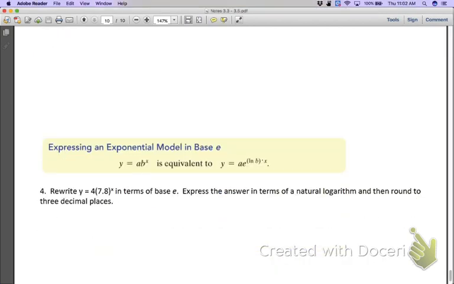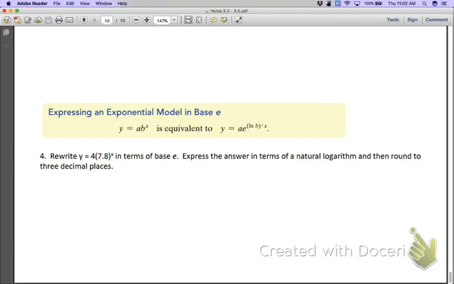Last thing then is expressing an exponential model as base e. Basically, if I have A times a number to the x power, just like what we talked about two days ago, we can turn any exponential into e to the natural log of my base times whatever that power is. It's no different than what we did on Wednesday when we factored and solved from there.